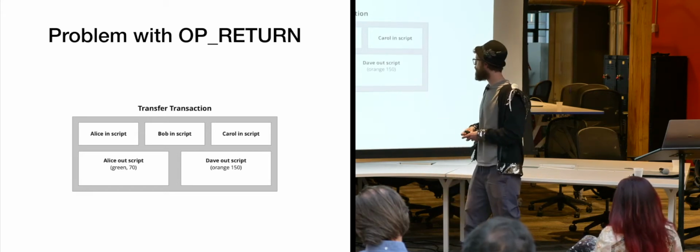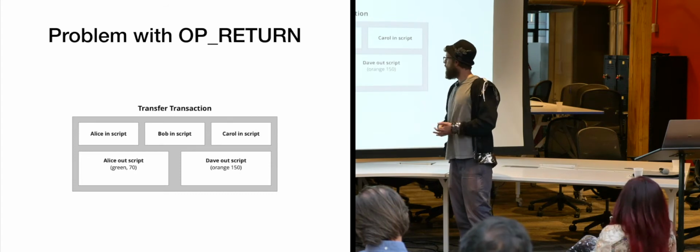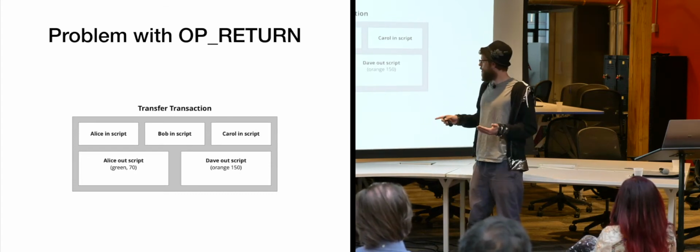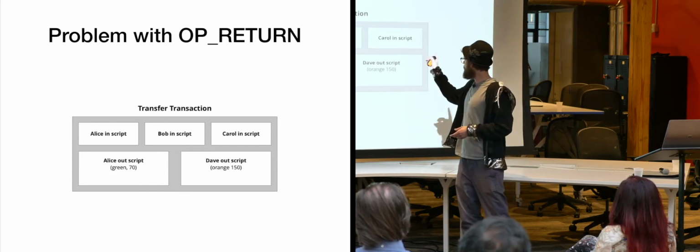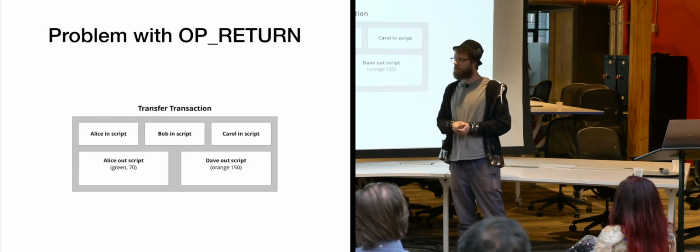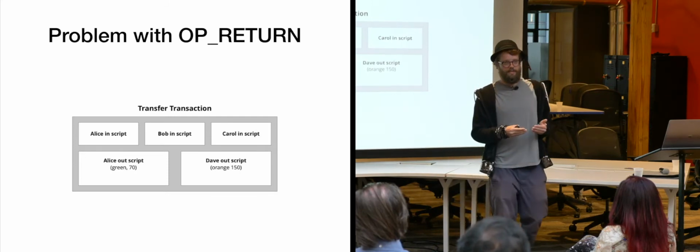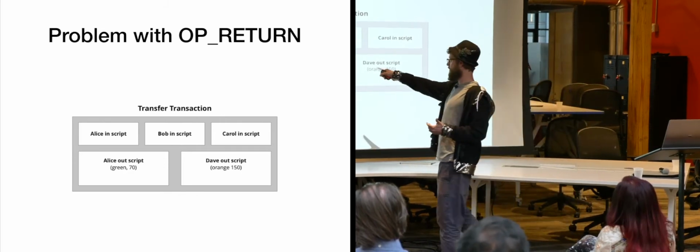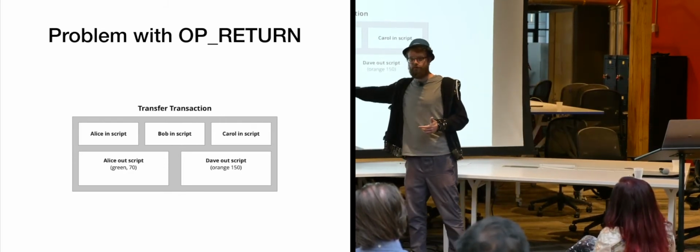So if I find this output, I know that green 70 is part of the current state, and Alice, Bob, and Carol thought it's important to write this down today. Okay, but then what does it mean that Alice can spend that output? It means that Alice can update that data. Okay, so that's a notion of data ownership. Alice knows this data now, and Alice is in charge of, is allowed to update it.